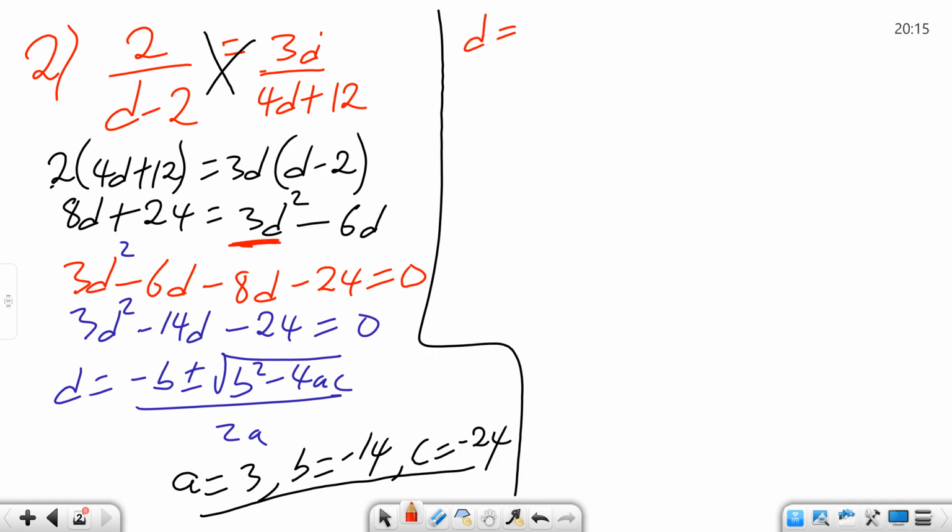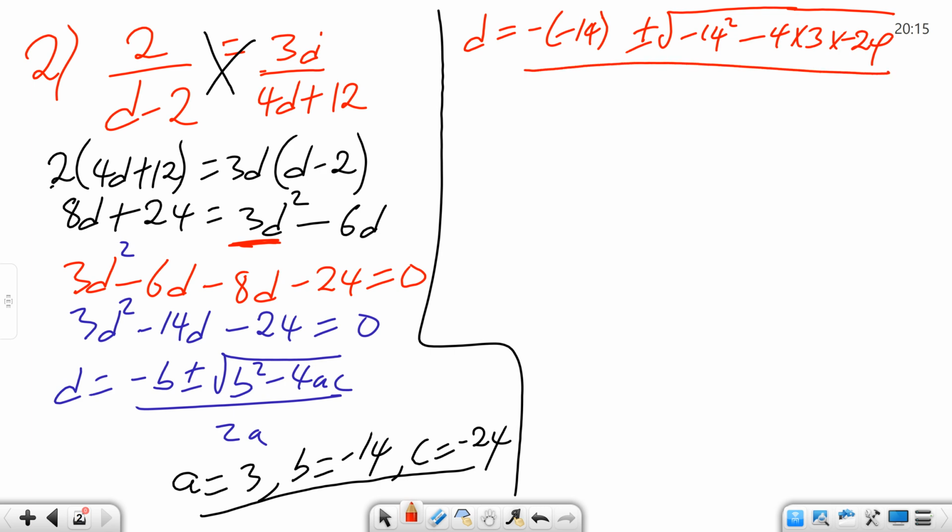So d equals minus b, as minus into minus 14, plus or minus the square root of b squared as minus 14 squared, minus 4ac as 4 times 3 multiplying minus 24, all divided by 2a, 2 multiplying 3.